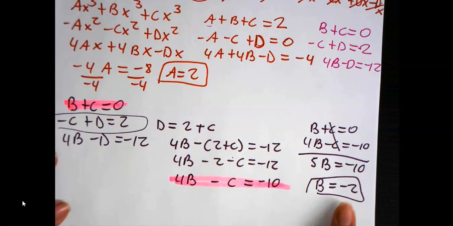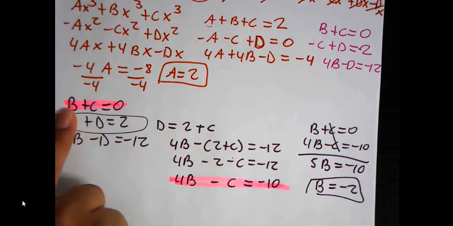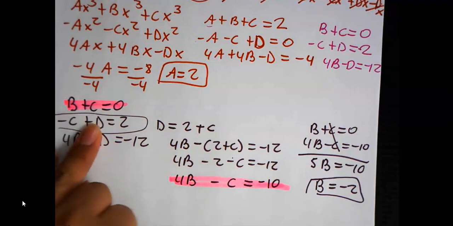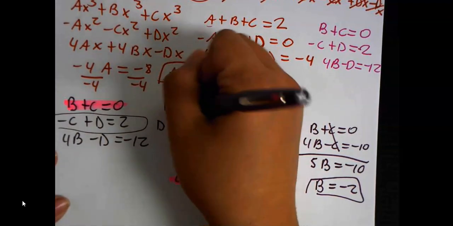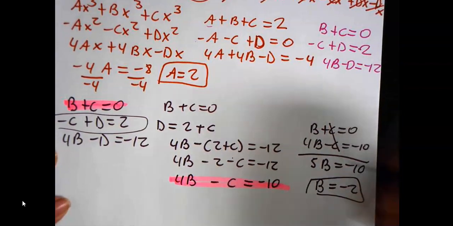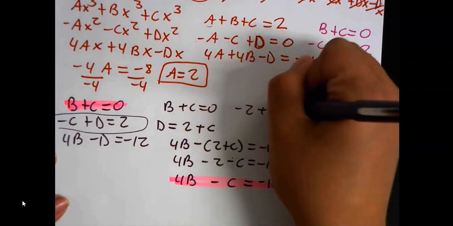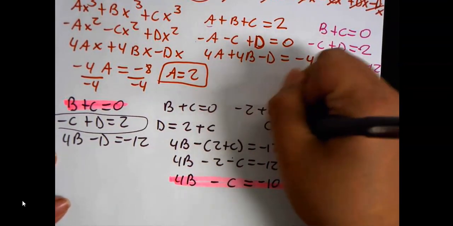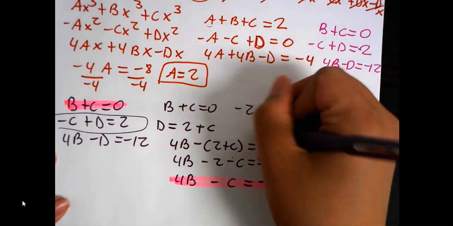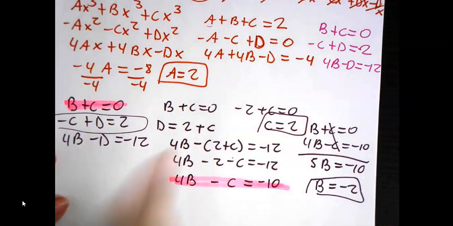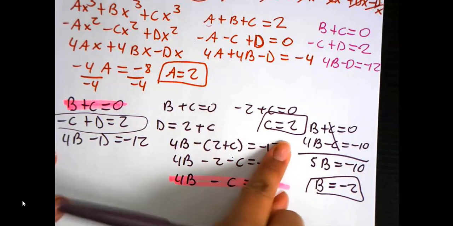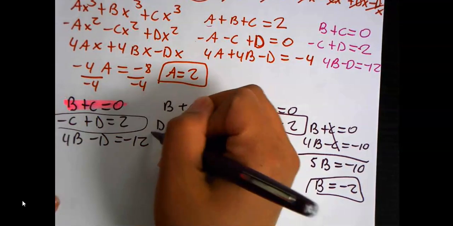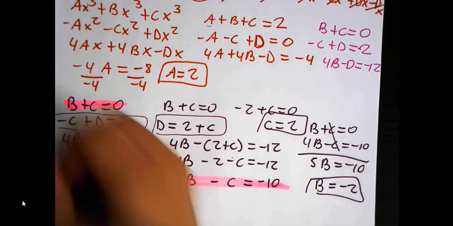I plug this one into the original B plus C equals 0. B plus C equals 0, B is negative 2. When I add it, I get C is equal to positive 2. I got A, I got B, I got C, I am missing D, but I have this equation right here.